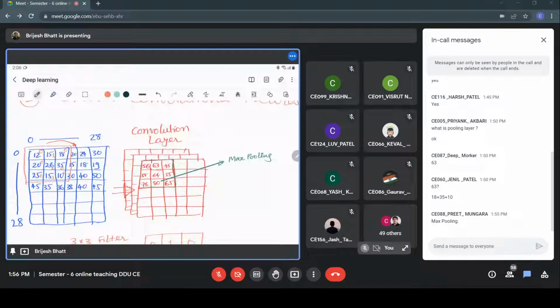Now you have a representation of only one cell, that is 80. So these 9 cells are max pooled to this one cell with the number 80.